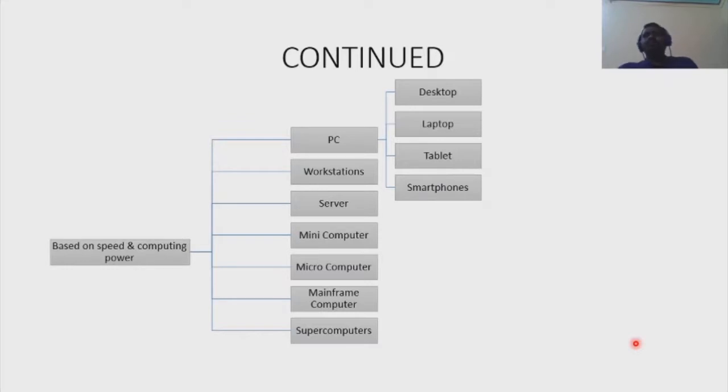Many activities can be performed using supercomputers, which are far better and far more powerful than the other types of systems we have come across in this unit.